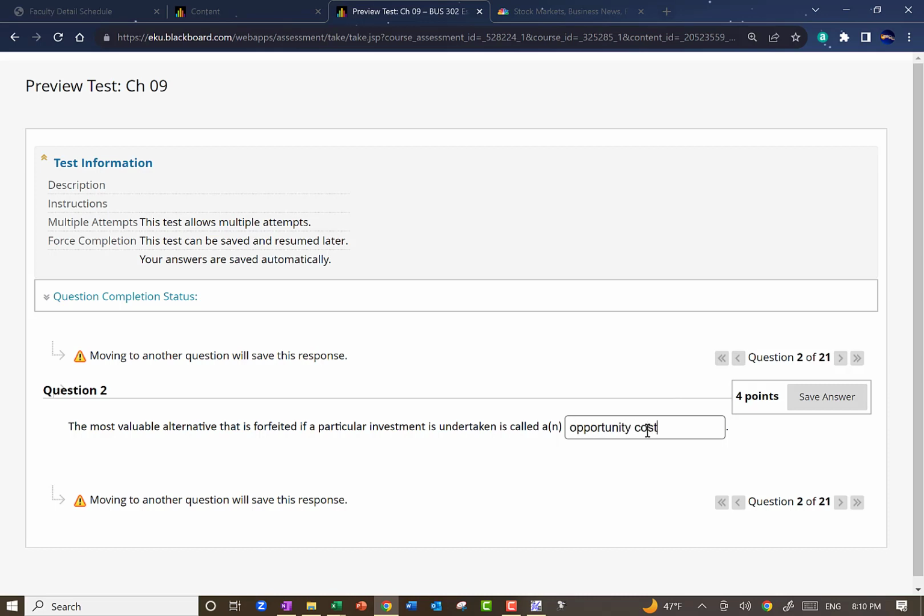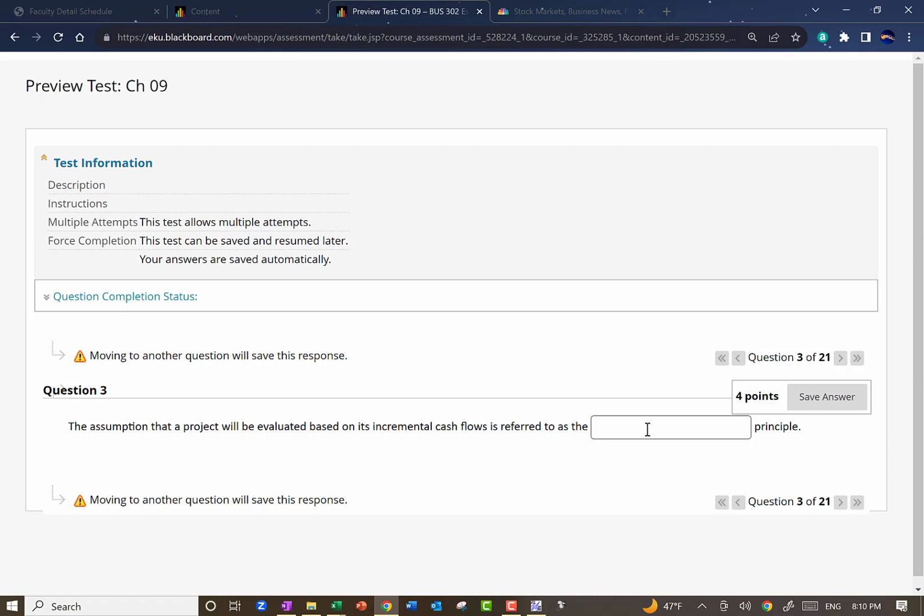The assumption that a project will be evaluated based on its incremental cash flows is referred to as the what principle? I think it's called incremental cash flow principle or standalone.